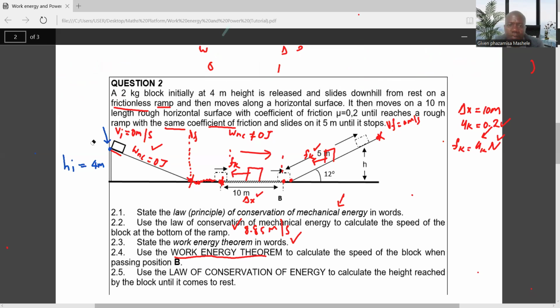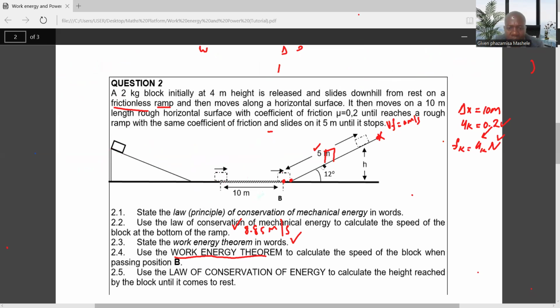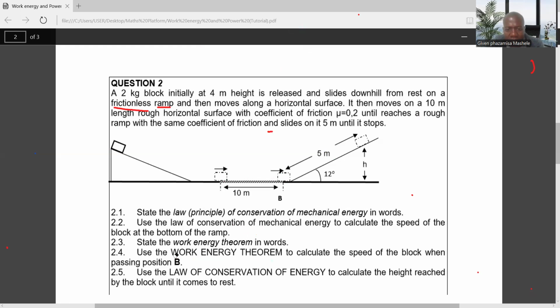Okay, to do that, we're gonna say when the block passes point B, it moves a distance of 10 meters. And by the time it was moving a distance of 10 meters, it was coming with a speed of 8.85.